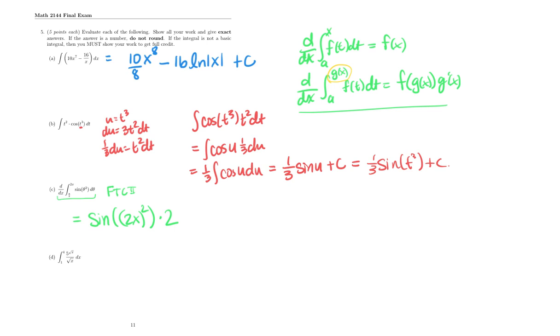For this one, I'm going to try a u substitution. If I let u equal square root of x, which is x to the 1/2, then du is equal to 1/2 x to the minus 1/2, or in other words, 1 over 2 root x dx. So then I can have the integral of 5 to the u.